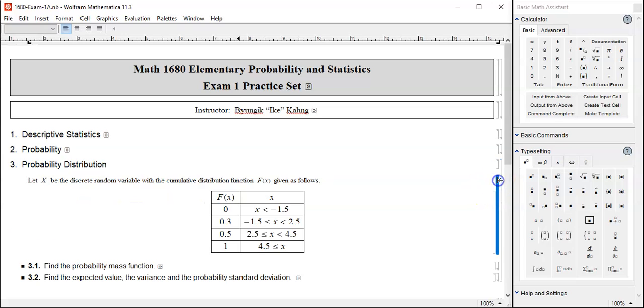Here in this notebook, I used a tabular expression. First class interval, less than -1.5. Second, -1.5 to 2.5. Third, 2.5 to 4.5, and finally fourth, greater than or equal to 4.5. Again, the same deal. We have the breaking point here, the second breaking point here, and a third breaking point there.